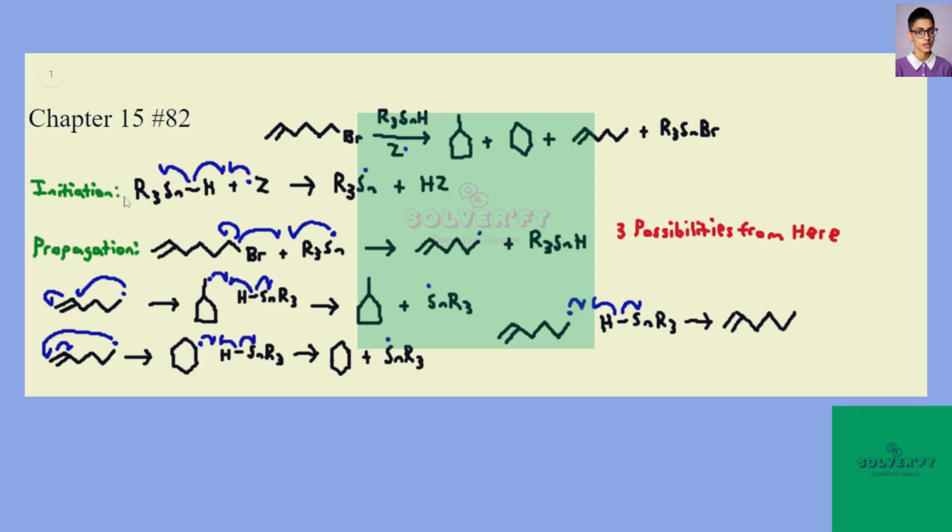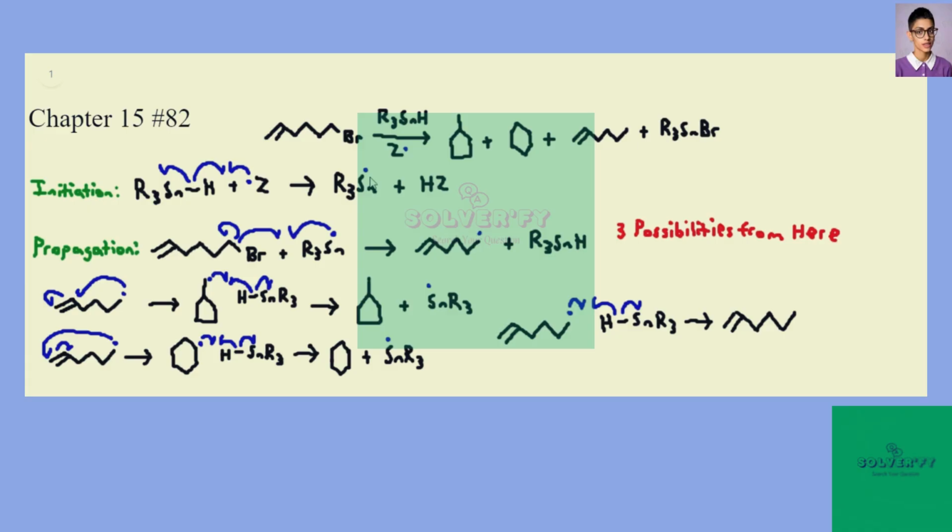So the initiation step is this Z molecule with the free radical on it is going to steal a hydrogen from the trialkyl tin, and this is going to give us a tin radical species.